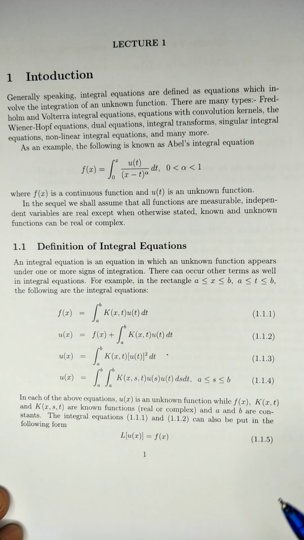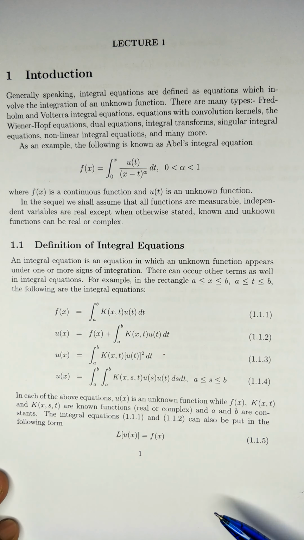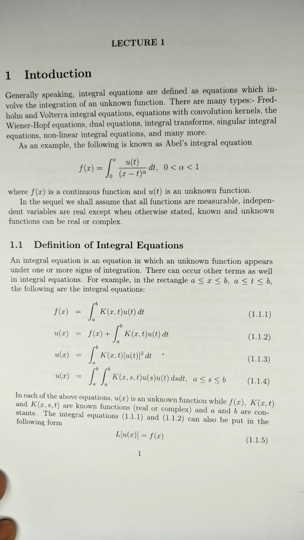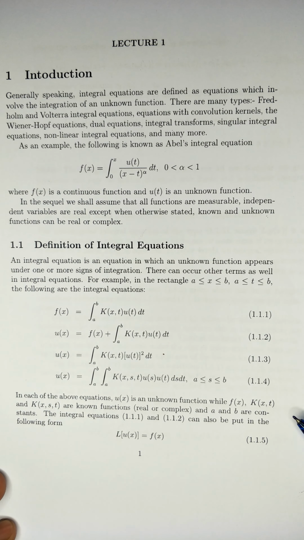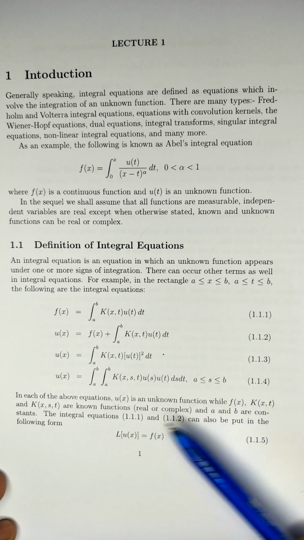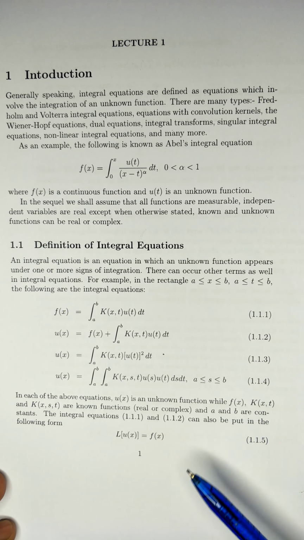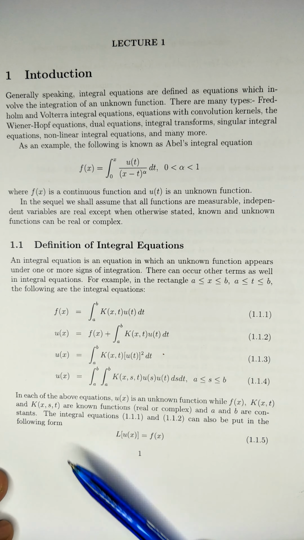In each of the above equations, u(x) is the unknown function, while f(x), k(x,t), and k(x,s,t) are known functions, either real or complex, and a and b are constants.